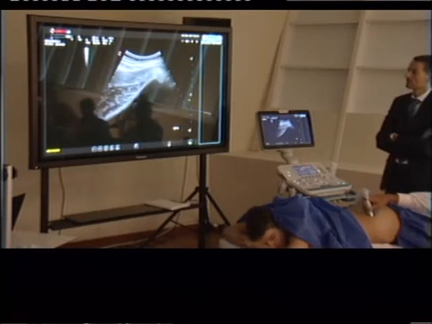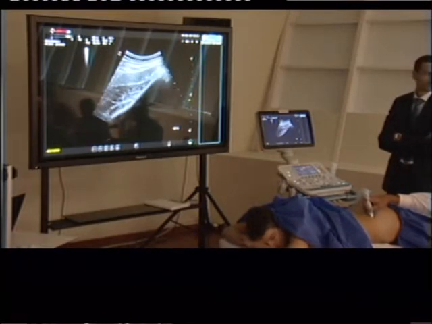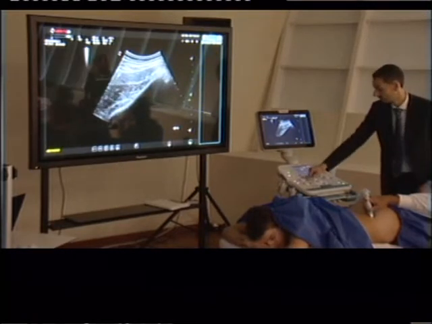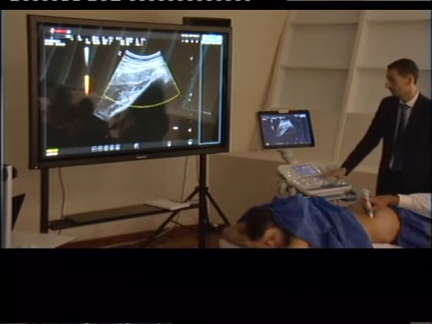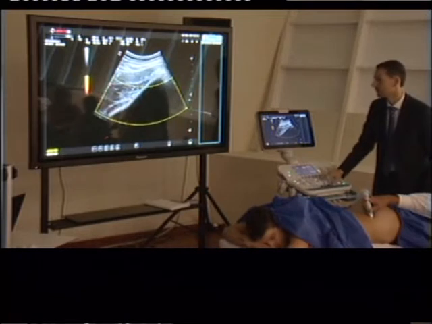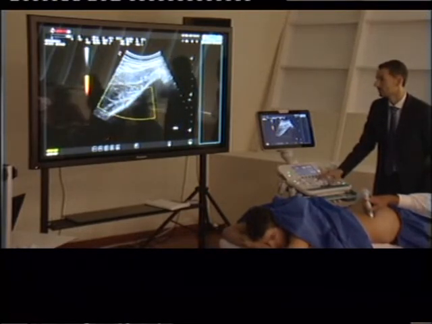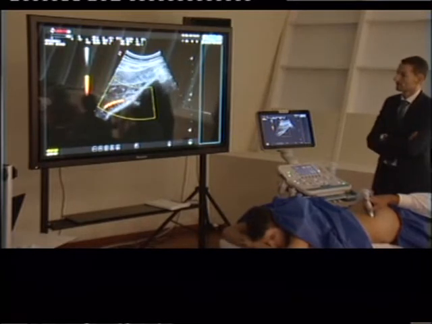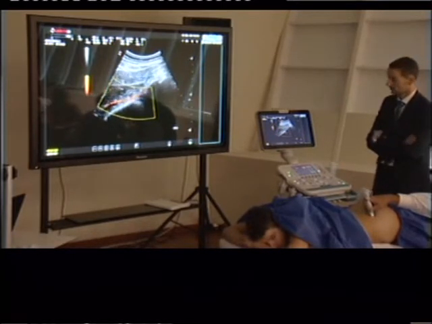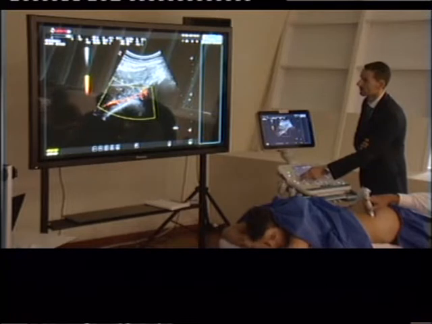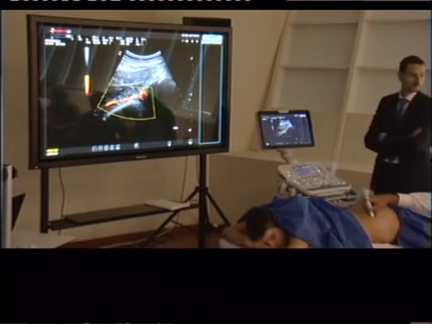Okay. So now I'm going to say, so here's your, can I have the Doppler, please? And then down there. There. Okay. So that's the superior gluteal artery.